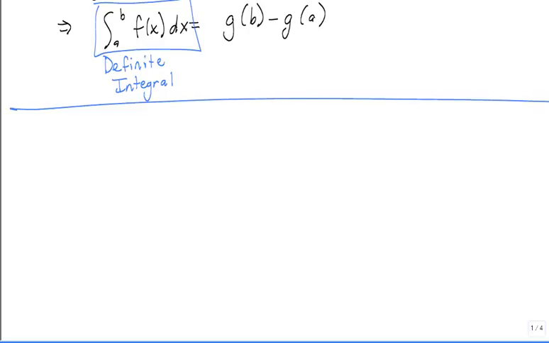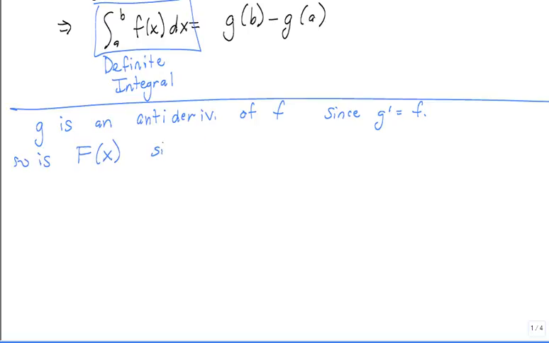Okay, so let's talk about this. g is an antiderivative of f since g prime equals f, and so is F of x, which we said before, since F prime of x is f of x, where F of x is the integral from a to x of f of t dt.